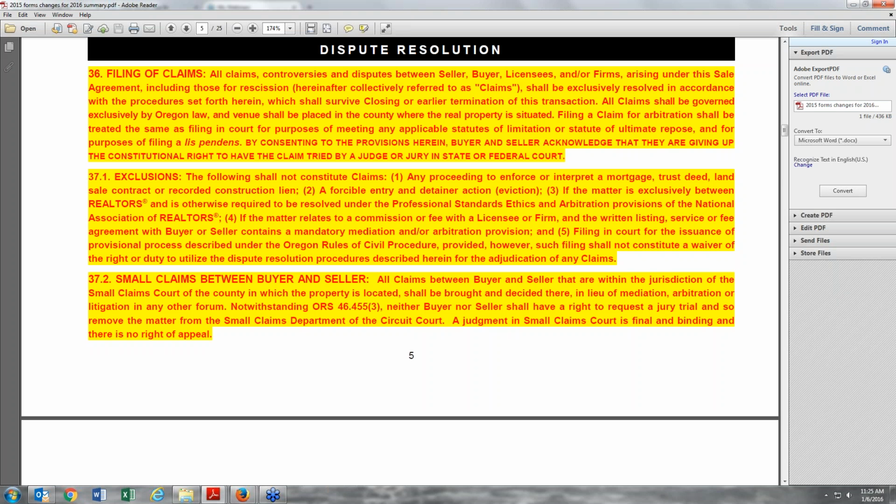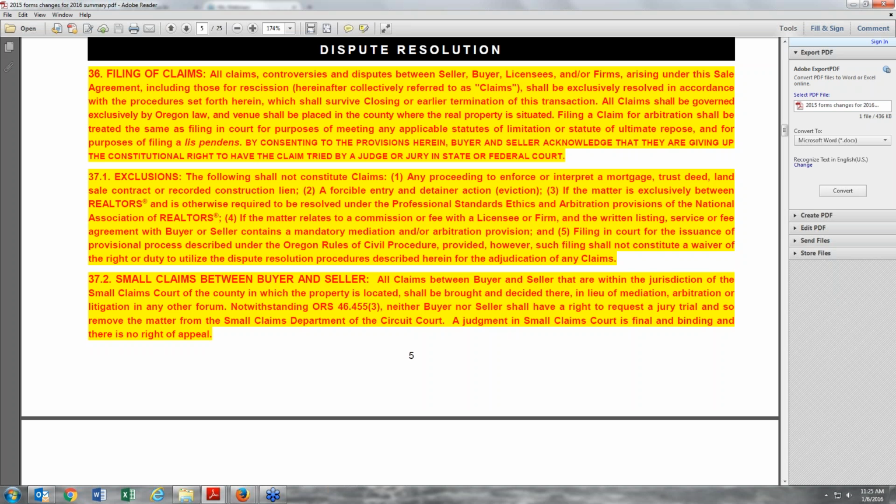Rather than have two separate distinct sections, which just made it more confusing, we've tried to explain the dispute resolution process by combining both of them together, both disputes against the licensee and disputes between the parties themselves.